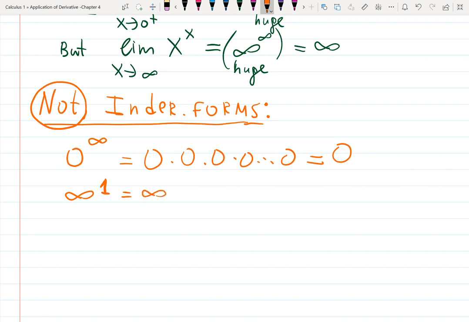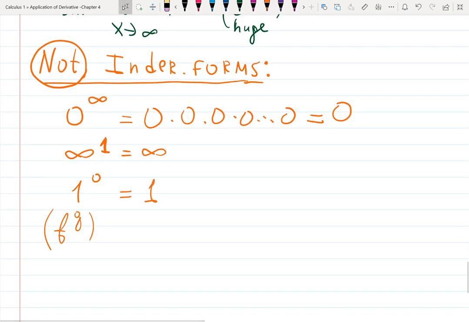And for example, I just mentioned 1 to 0, and again, it's not literally 1 to 0. It's the function f raised to function g. f goes to 1 and g goes to 0. Still, all this is 1. And infinity to infinity is still infinity. That's the x to the x case.